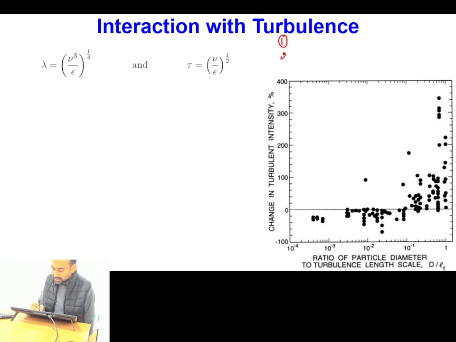So two major important things happen. If you have a turbulent flow and a particle present, the turbulence across the particle will try to create a field of strong shear across it. So because of the strong shear present across the particle, that particle can either break or it can coalesce to form a larger particle.